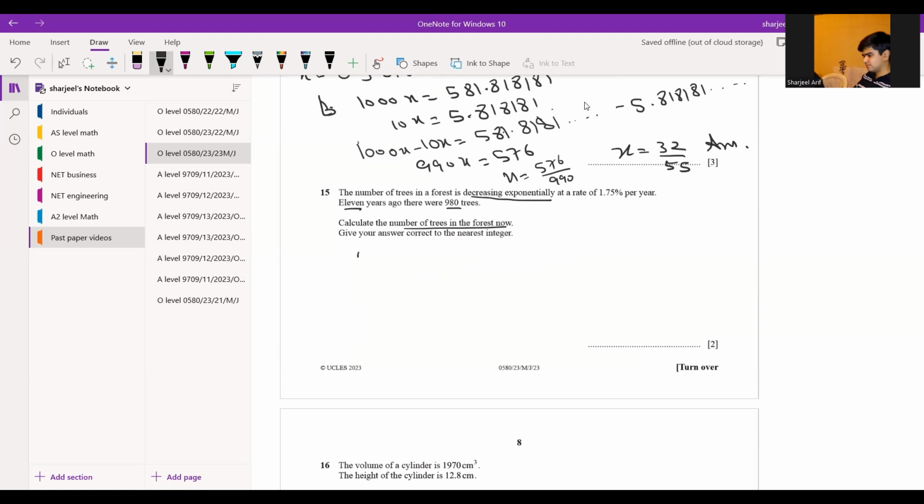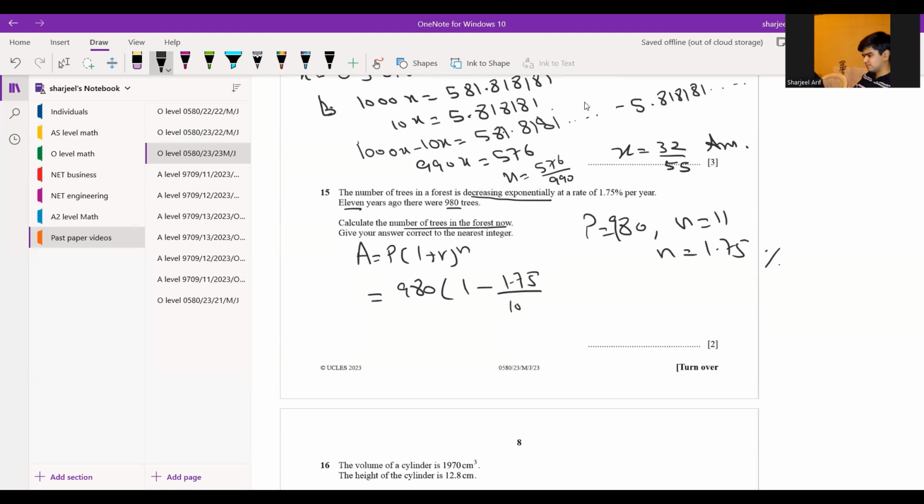So we will use A equal to P into 1 plus R power N, where P is 980, N is 11, and R is 1.75%. So we will put the values here. So use your calculator to simplify it to get 807. This is the quantity of trees.